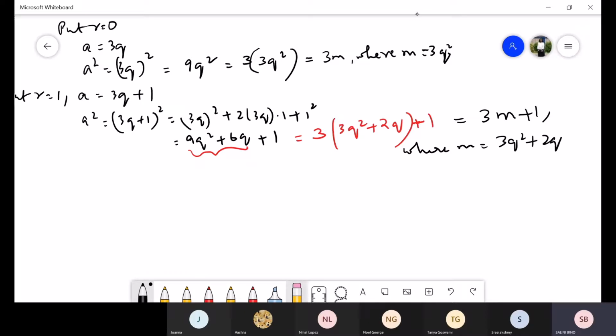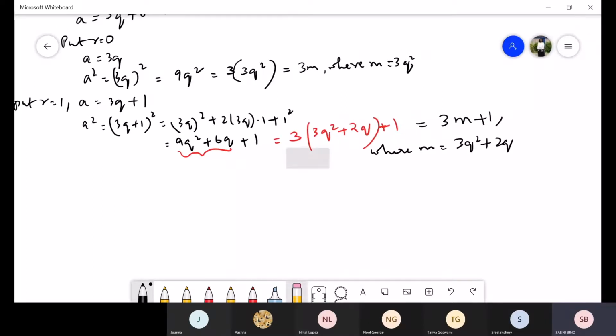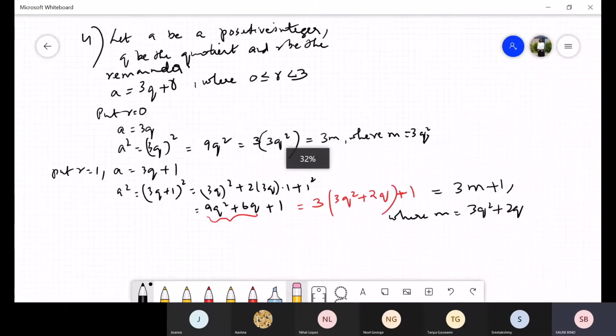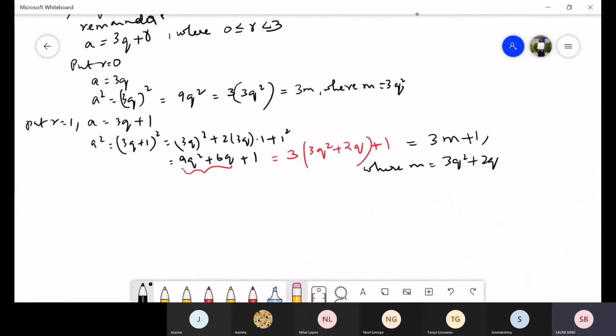After taking 3 outside, the terms inside the bracket are taken as m, so that the square of the positive integer I can express as 3m plus 1. So the first one we express as 3m, the second one as 3m plus 1.